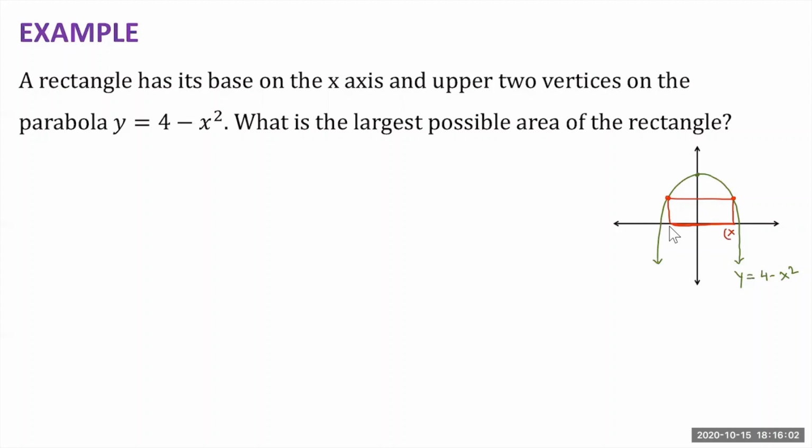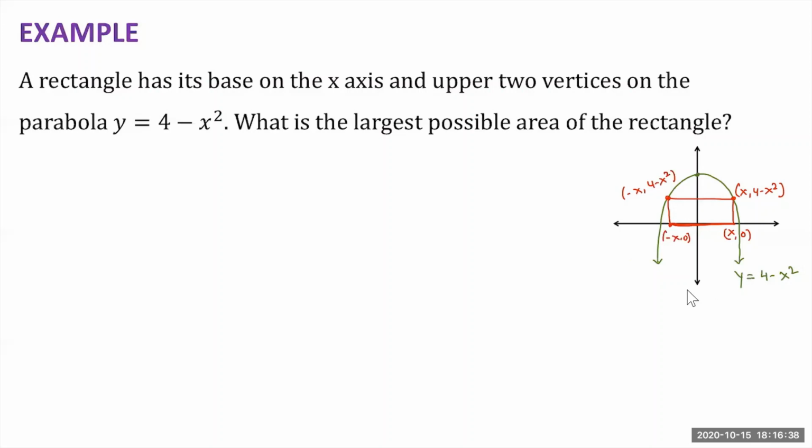So if this is (x, 0), then this point is (negative x, 0). Then the point on the parabola over here has x coordinate x, and the y coordinate is obtained by plugging in x, so y is 4 minus x squared. Similarly, this point will be (negative x, 4 minus x squared).